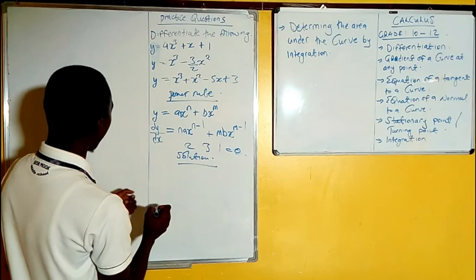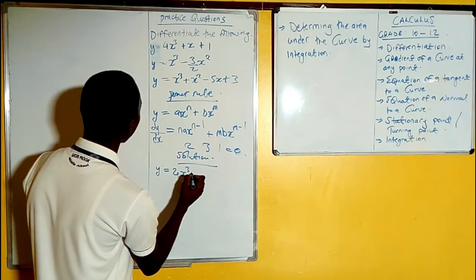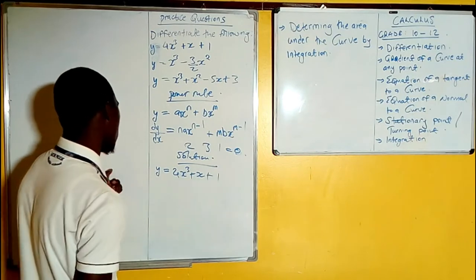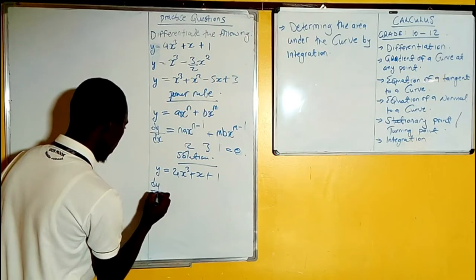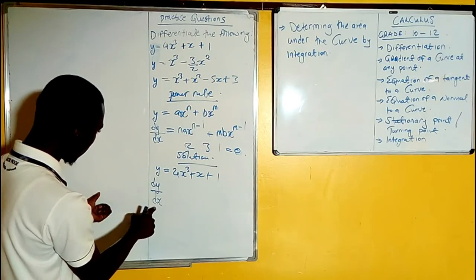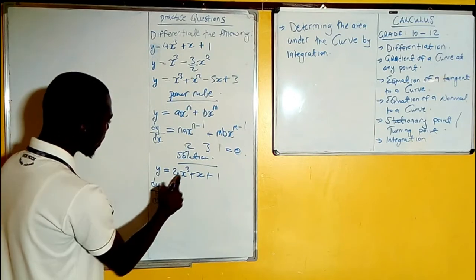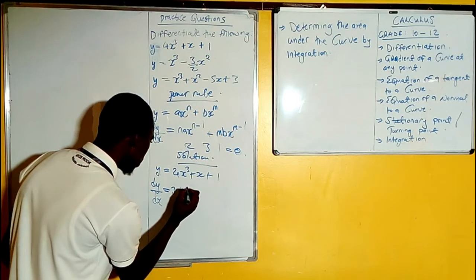The first question says y equals 4x to the power 3 plus x plus 1. If we are to differentiate this one, we say dy by dx equals, the 3 will come in front and we multiply it with the 4x to the power 3.